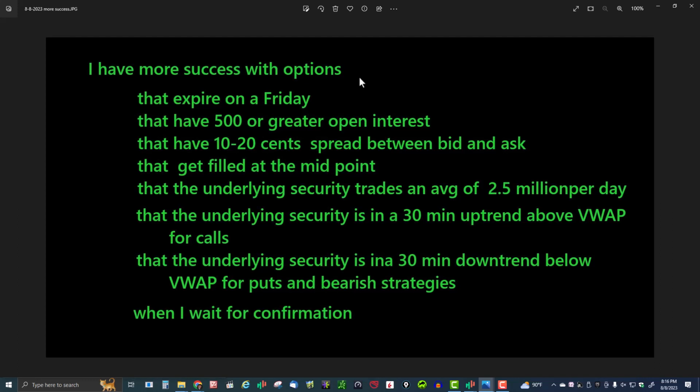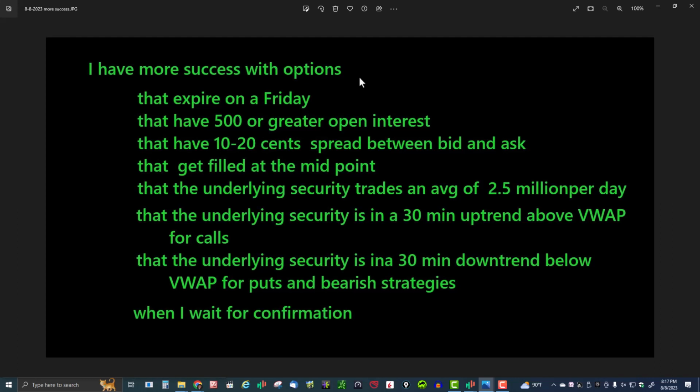The underlying security is in a 30-minute uptrend above VWAP for calls or bullish strategies. Or the underlying security is in a 30-minute downtrend below VWAP for puts and bearish strategies.